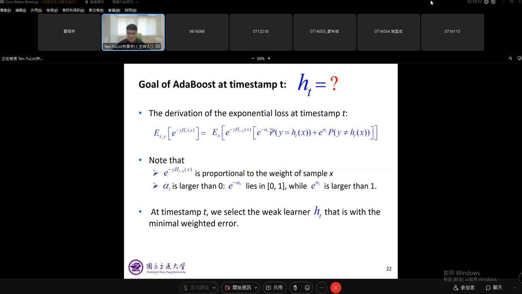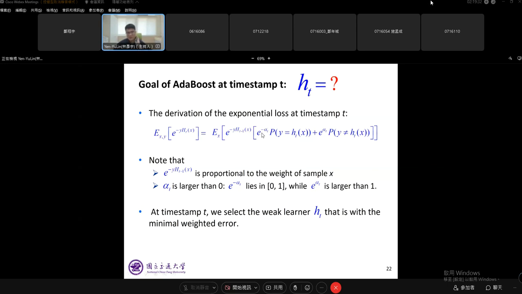As you can see in this equation, the term exponential of minus alpha t is less than 1, and the exponential of alpha t is larger than 1. So this value is larger than this value.